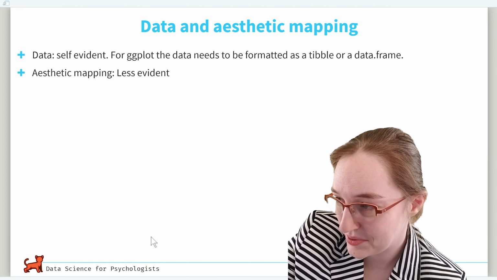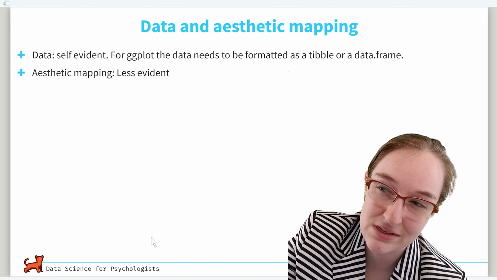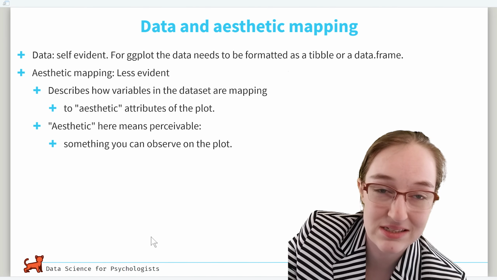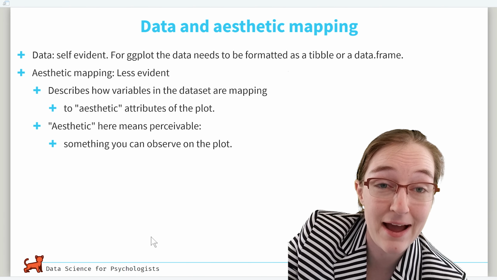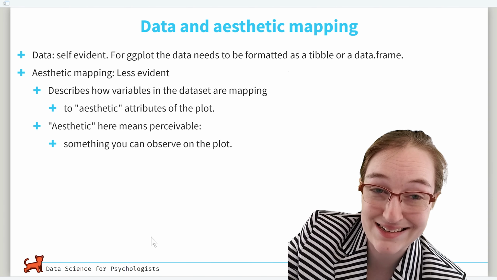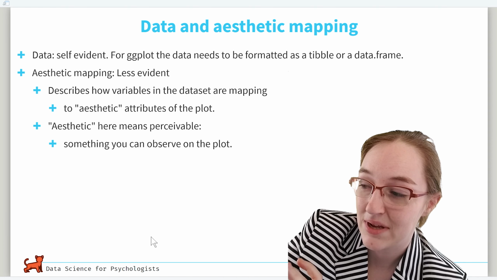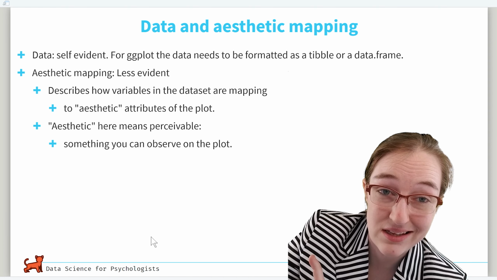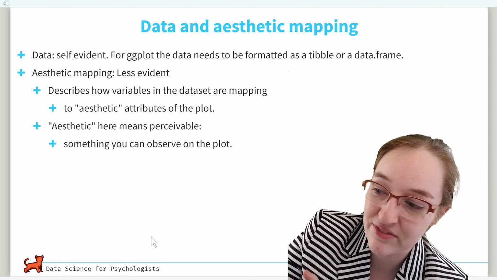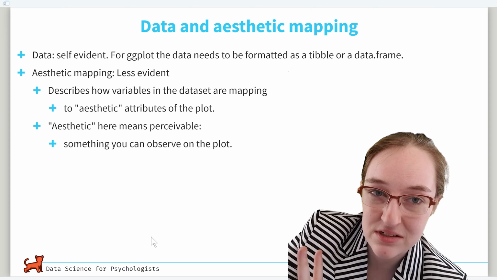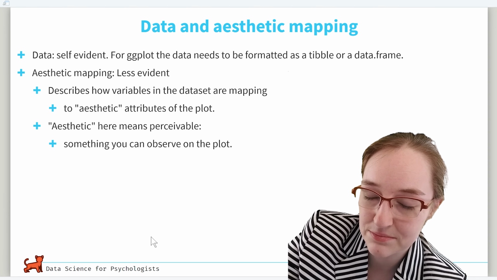All right, so next we've got aesthetic mapping. This one's a little less evident, so let's dive in. Aesthetic mapping describes how variables in a data set are mapped. And the aesthetics are the attributes of the plot. Here, aesthetic means perceivable, something you can actually observe in the plot so your eyeballs can see it.